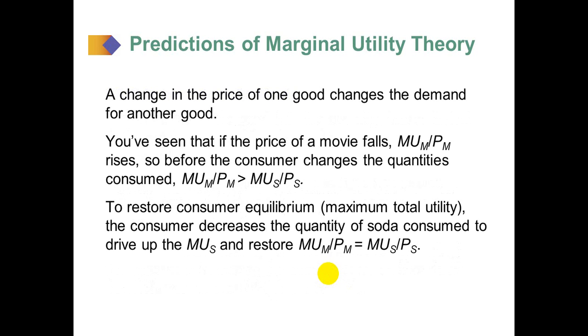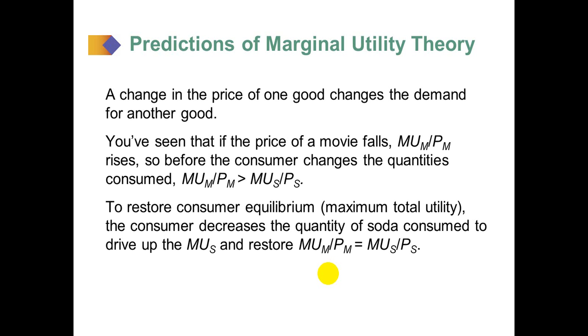Prediction of marginal utility theory: a change in the price of one good changes the demand for another good. You have seen that if the price of a movie falls, marginal utility for M divided by PM rises. So before the consumer changes the quantity consumed, marginal utility for M divided by PM is more than marginal utility for S divided by PS.